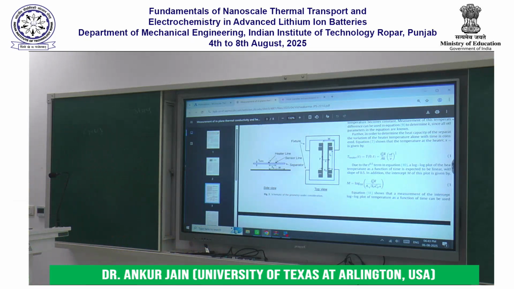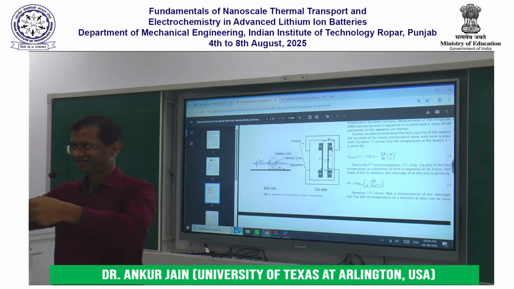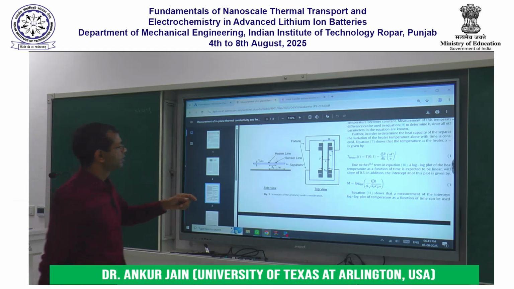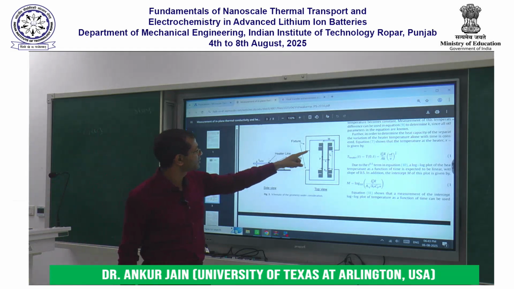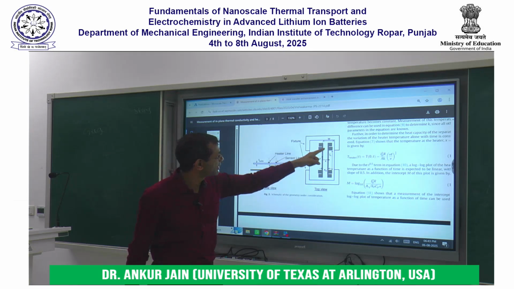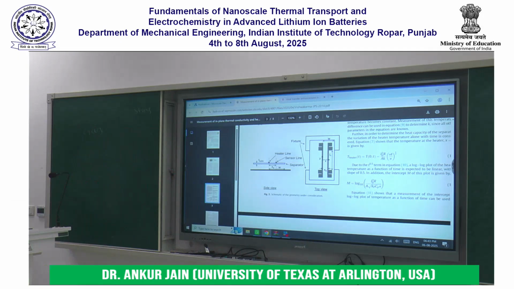In order to measure the thermal properties of the blue separator, think of a piece of paper. I want to measure the thermal conductivity of that piece of paper. What Vivek did was that he printed 2 metal lines on that paper. Printing of these metal lines is not that difficult, honestly.